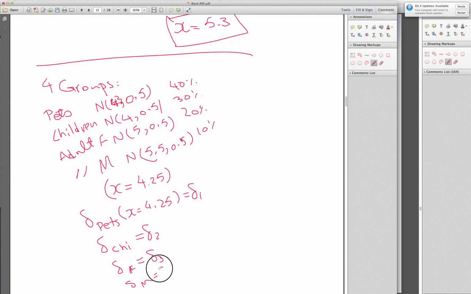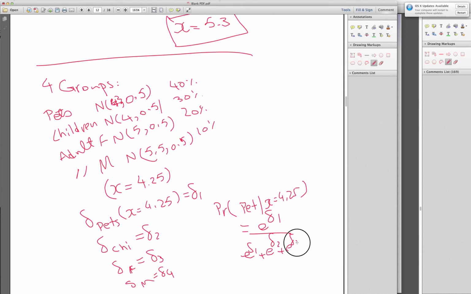And males, let's call it delta 4. Then the probability of that being a pet, given x is equal to 4.25, is simply exponential of delta 1 divided by exponential of delta 1 plus exponential of delta 2 plus exponential of delta 3 plus exponential of delta 4. So that's extremely powerful.